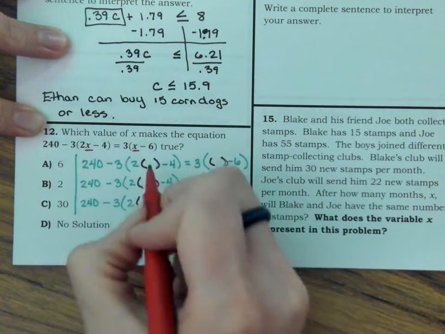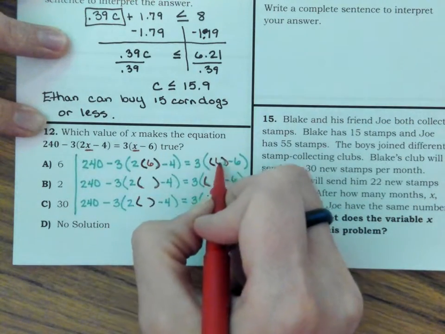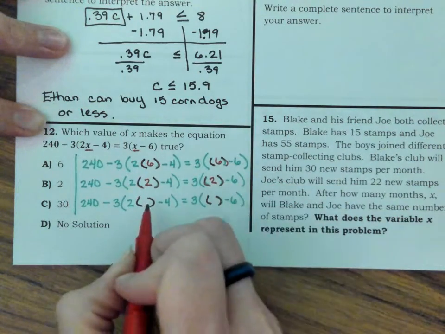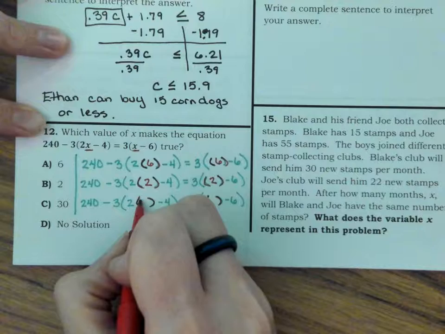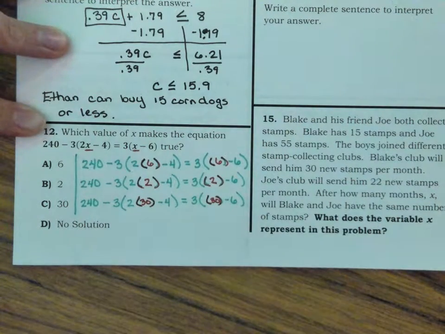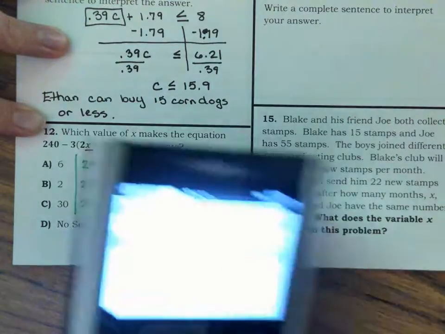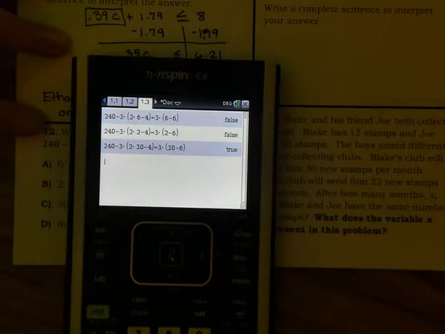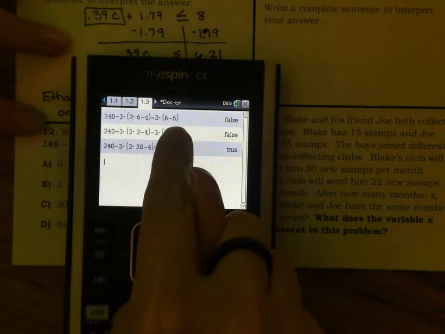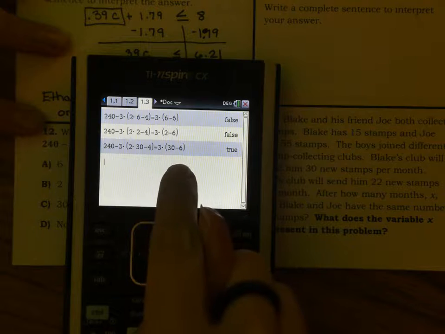So for letter A, I would put a 6 in both places. Letter B, I would put a 2 in both places. And letter C, I would put 30 in both places. And then this is what it looks like when you plug it into the calculator. So you plug it all in, replacing the parentheses with the 6, then the 2, and then the 30.